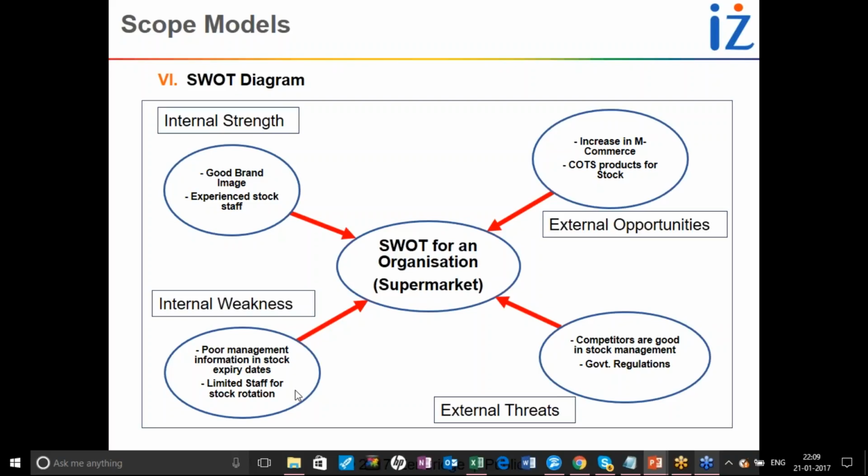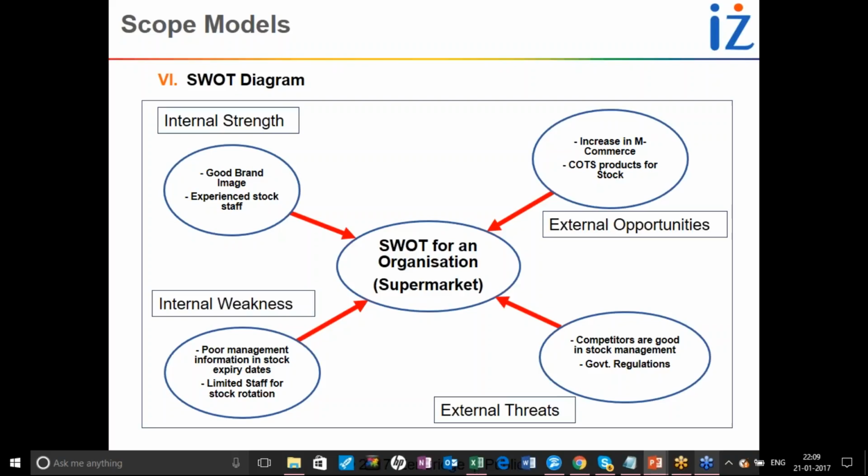Otherwise you hire staff to manage your stock rotation, but technology is increasing, so you are not solving the right problem, because your additional staff will not stand in front of technology.